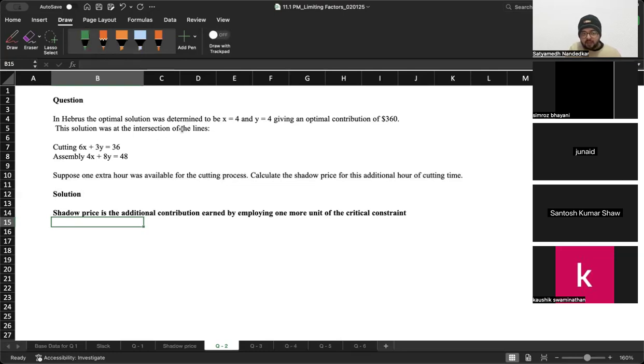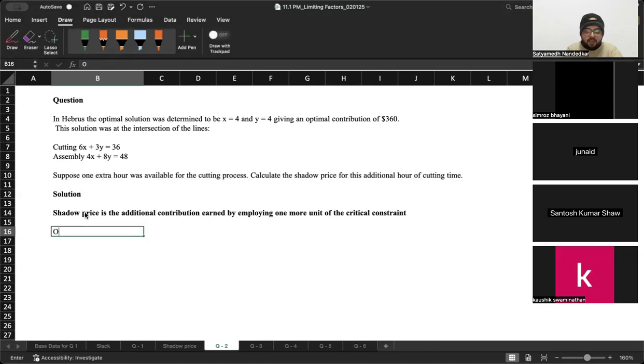Now, if the answer lies at the point of intersection of 6x plus 3y, which stands for cutting time, and 4x plus 8y, which stands for assembly time. They have told you that the answer lies at the point of intersection of these two lines. So if it lies at the point of intersection of these two lines, that means both these resources are fully used up.